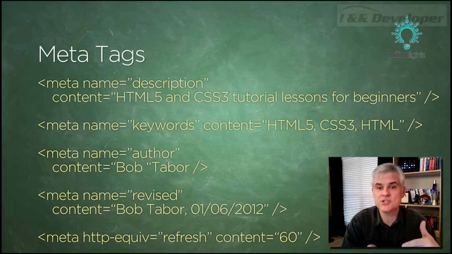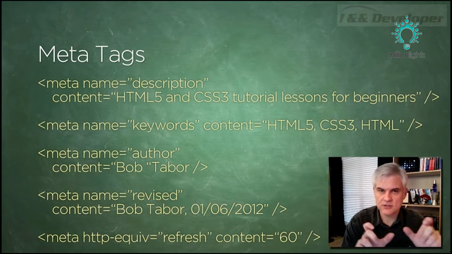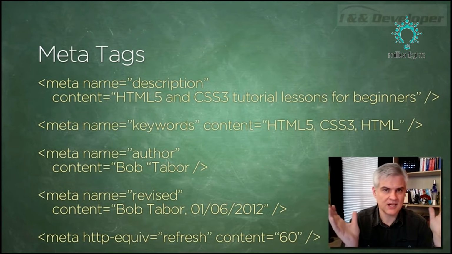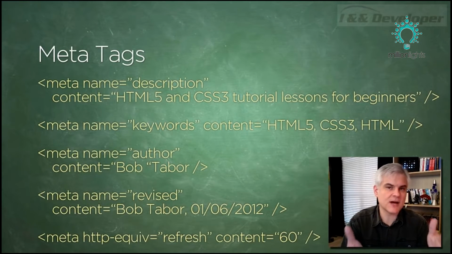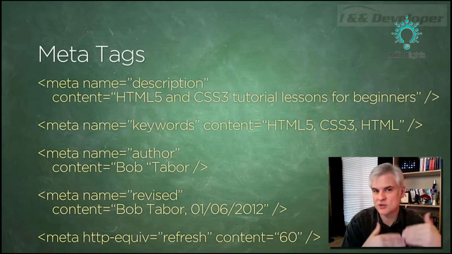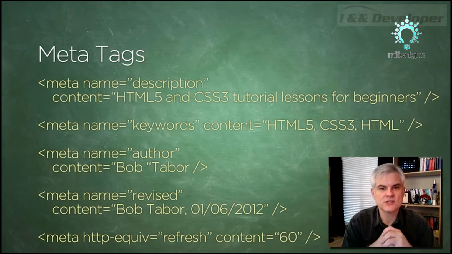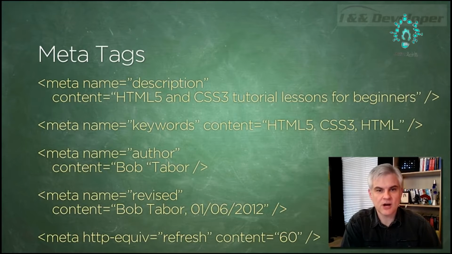For example, description just allows you to explain the purpose of this given web page. Same thing with keywords, what keywords are closely aligned to this web page, so that if somebody's searching for it, the given search bot, engine bot, might use this to help determine your ranking. There's also information about who originally authored the web page, and the last time the document was modified in any way.